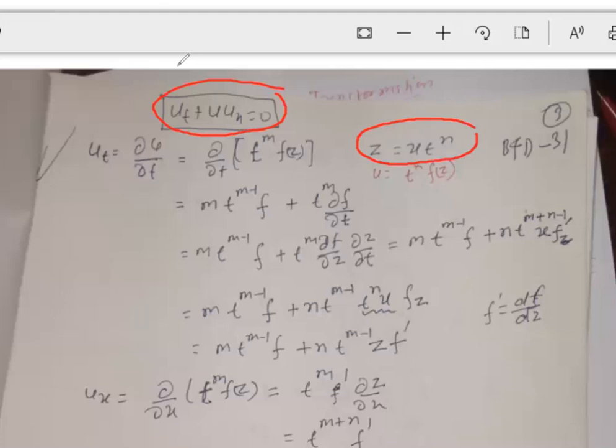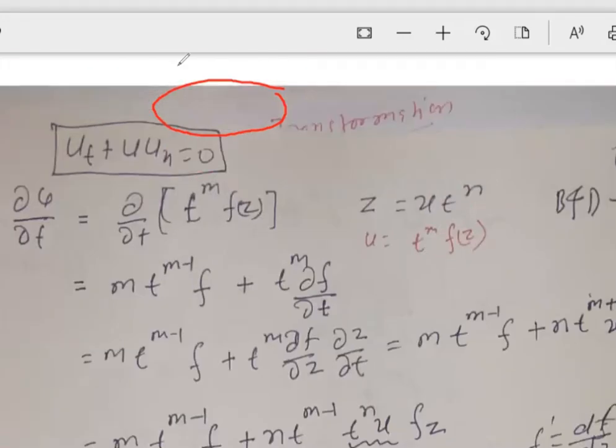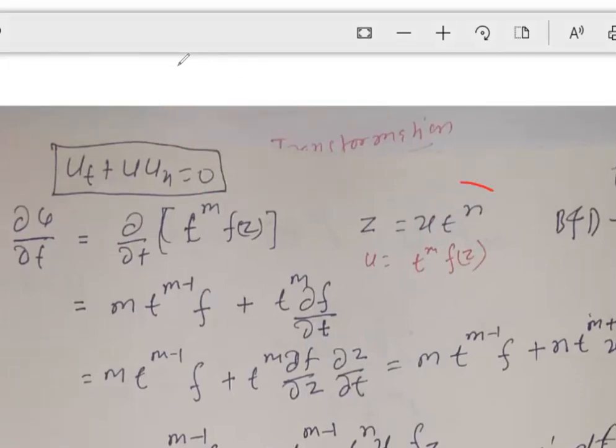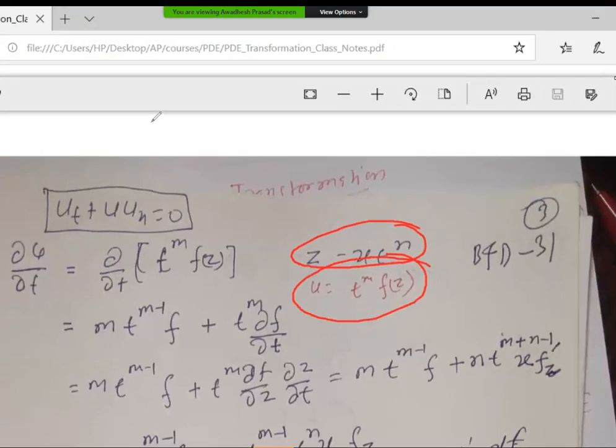This is the new variable, and we are saying that u will be a function of something like this, t to the power m and f(z).